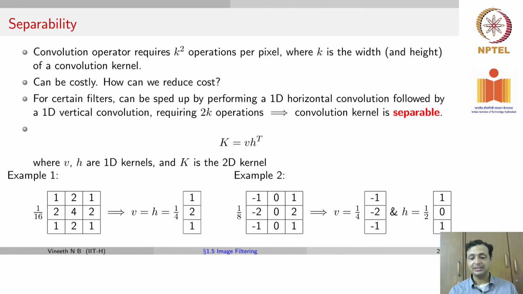In this case, as you can see, this can be written as an outer product of v equal to 1 by 4 times this vector and h equal to half times this vector. You can test it out to see if this actually is the outer product, but it happens to be this way. So now you can replace your 2D convolution by two 1D convolutions, which can help reduce the cost.